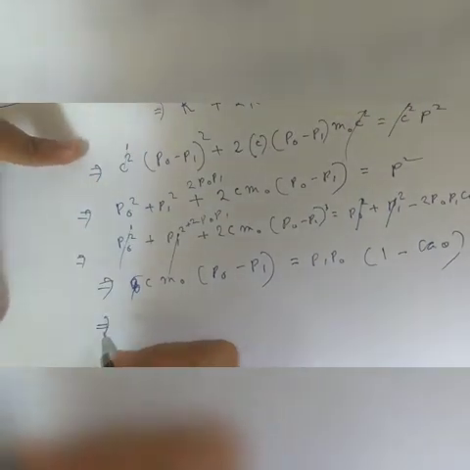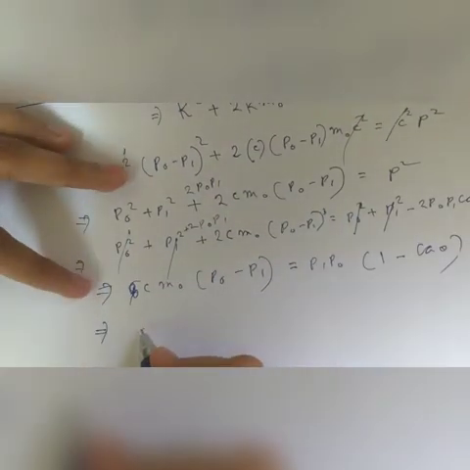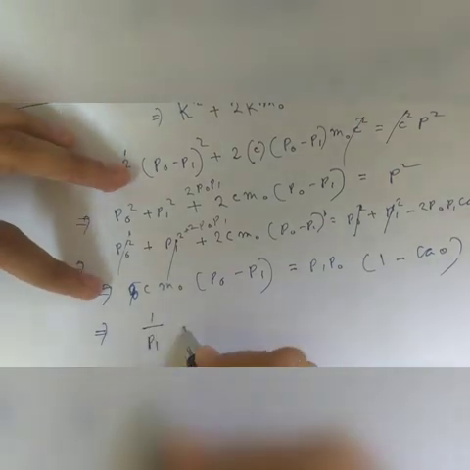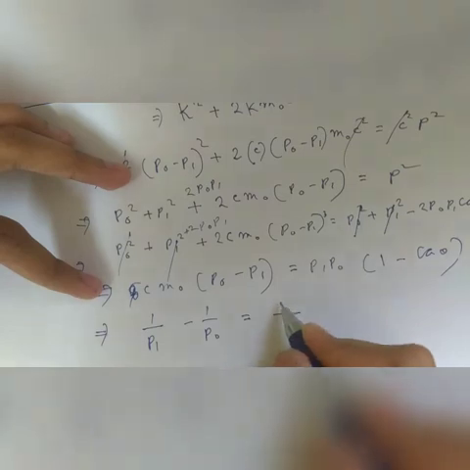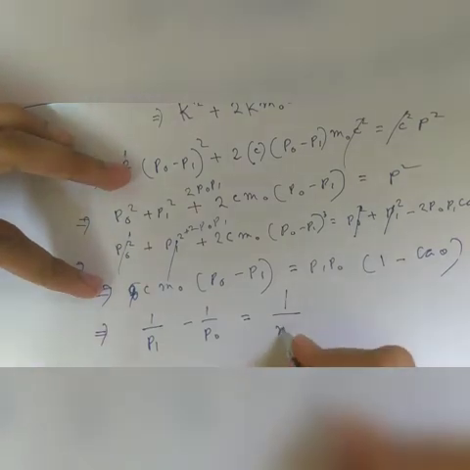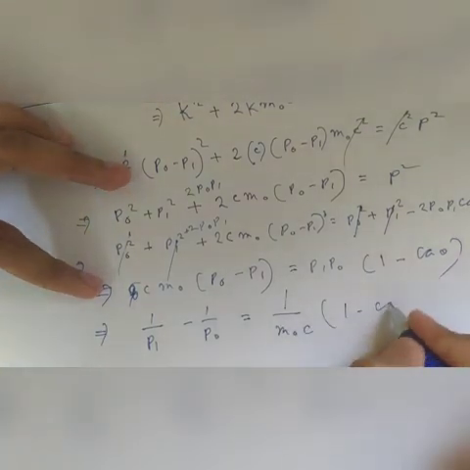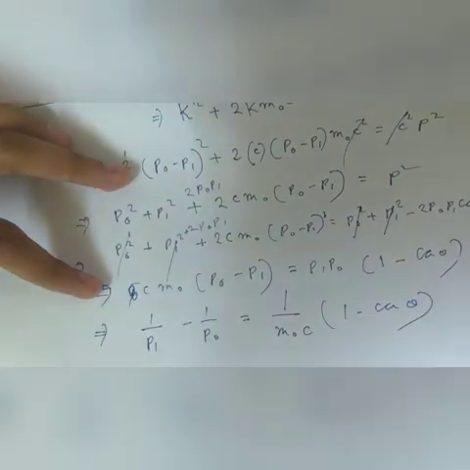So if we modify these terms, we will get 1 by p1 minus 1 by p naught equals 1 by m naught c times 1 minus cos theta.